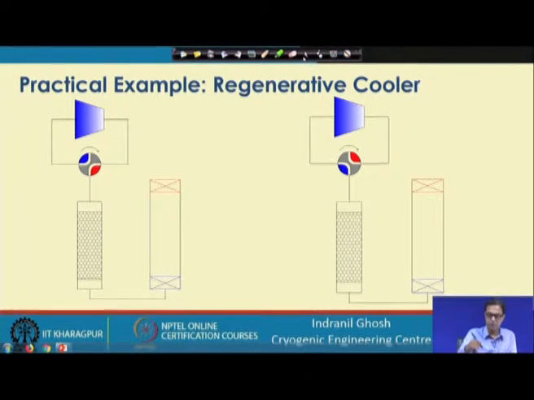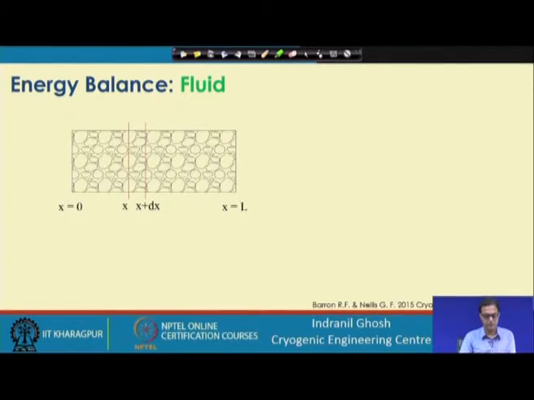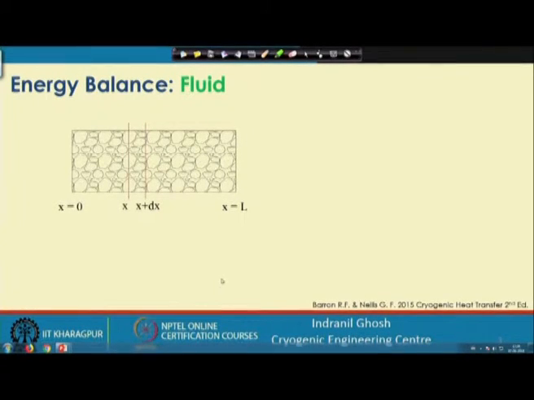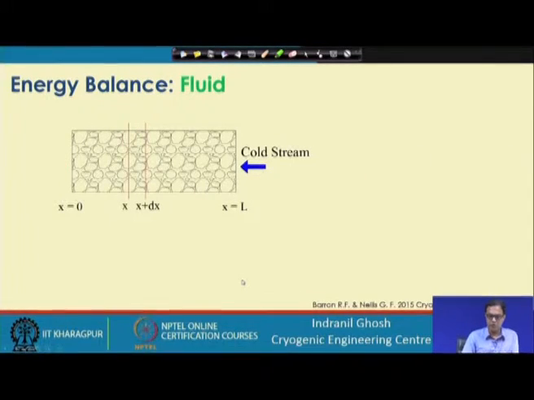Now, if we move with this basic knowledge of the fixed bed regenerator to its analysis part, we understand that in one cycle the gaseous helium or the hot fluid stream is flowing from one direction to the other, and in the other cycle the cold stream is flowing from x equals L to x equals 0.